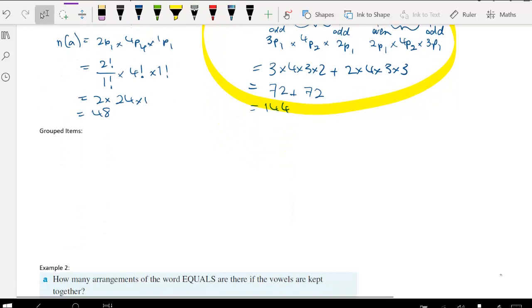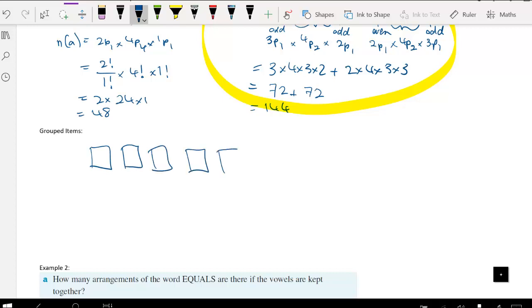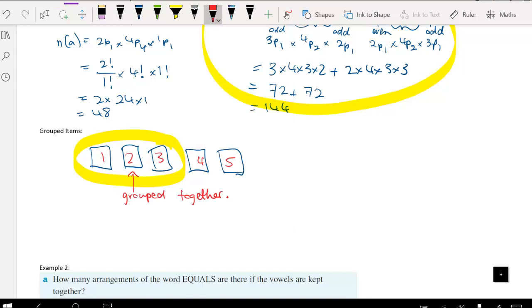When we're looking at grouped items, the thought is that if we're grouping things together, we can treat them as one item. So if we've got 1, 2, 3, 4, 5 items, and we're saying that these 3 items, 1, 2, 3, must be grouped together, with 4 and 5 separate, then the total number of possible arrangements will be 3p3.